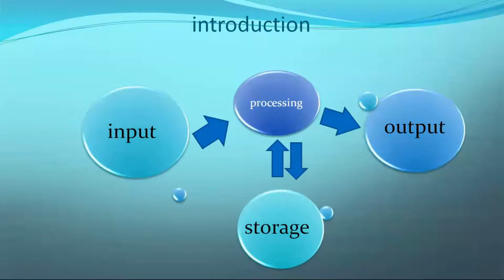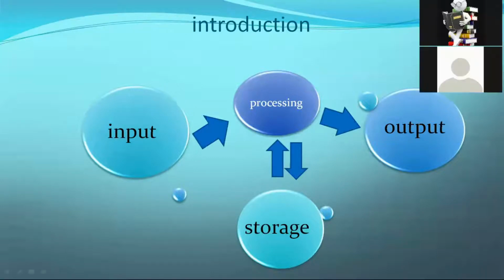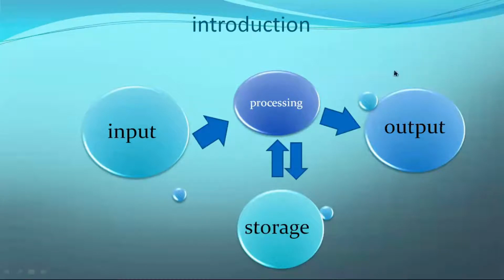Remember, in the very first lesson you had, in your very first computer lesson, they asked you what a computer is. And we said that a computer is an electrical device that accepts inputs, processes those inputs, and after processing, it can output them or store them for future reference.